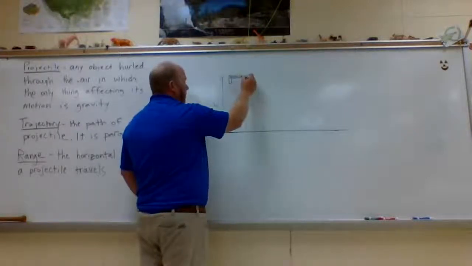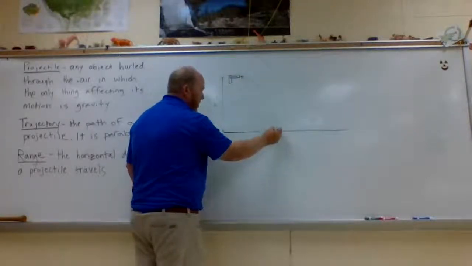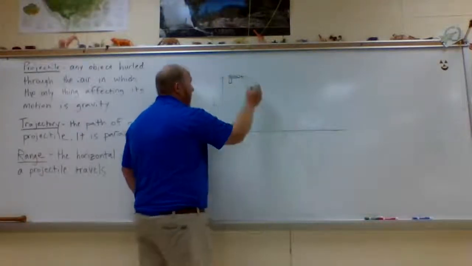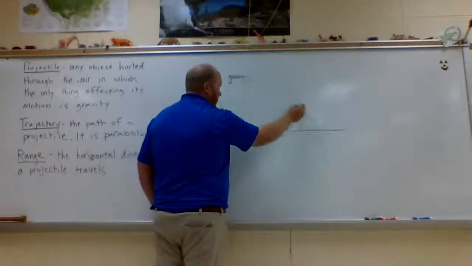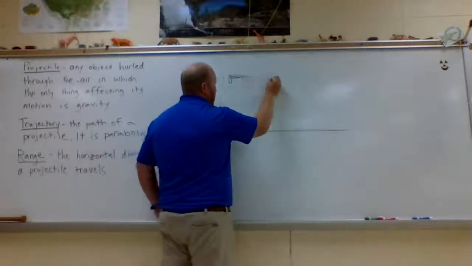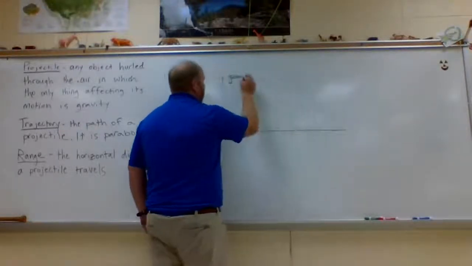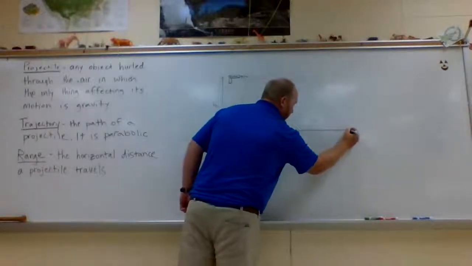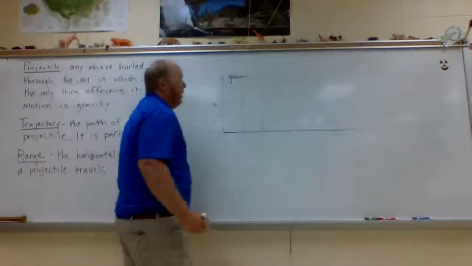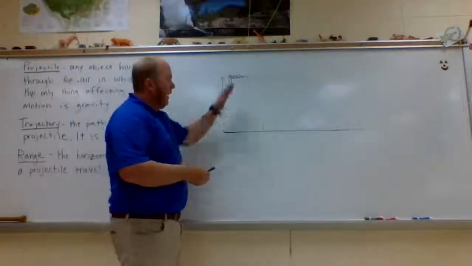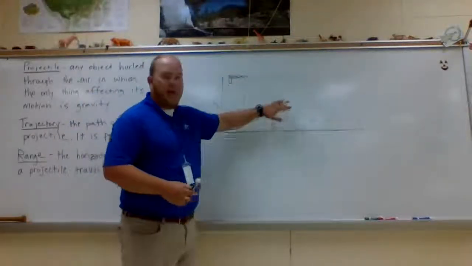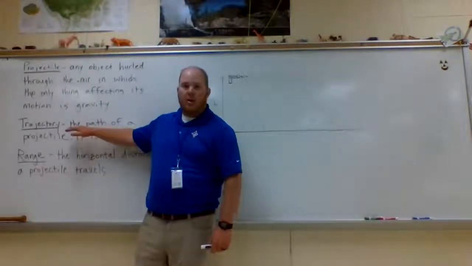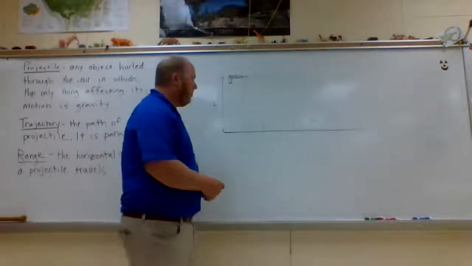A little bit faster, it gets to there. A little bit faster, it gets to there. A little bit faster than that, it gets to there. And I can keep on going like this till the cows come home. And notice that each dashed line that I've made looks like half of a parabola. It's because the trajectories are parabolic.